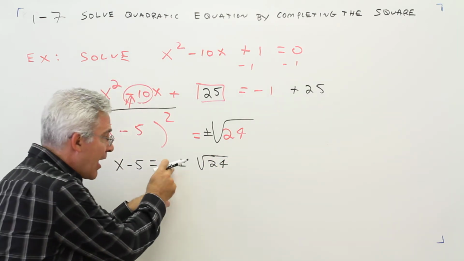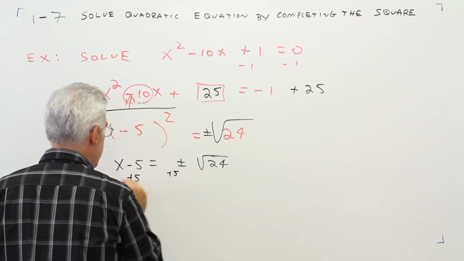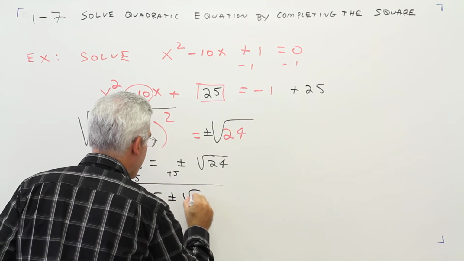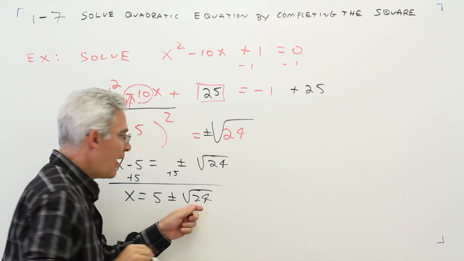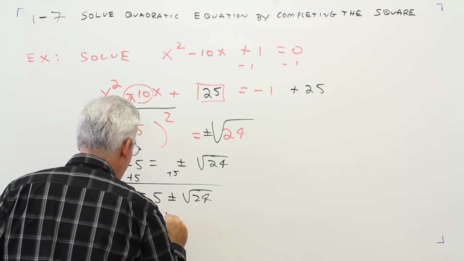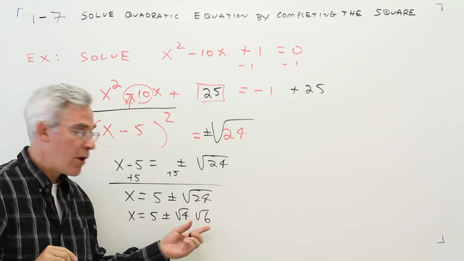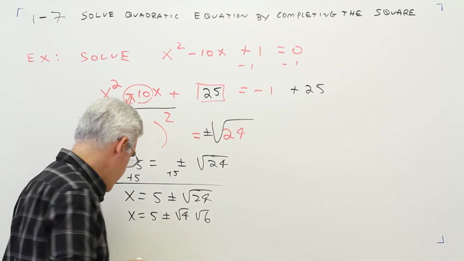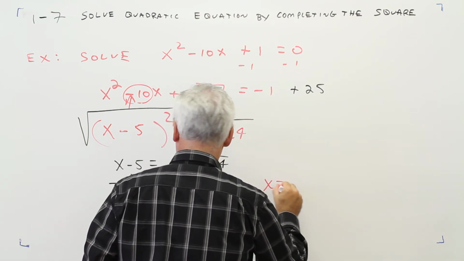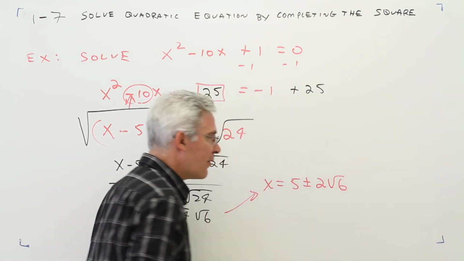Add 5 right in front. x equals 5 plus or minus the square root of 24. Again, just simplifying that, x equals 5 plus or minus rad 4, rad 6. Rad 4 I happen to know is 2. I'll write this over here. So x equals 5 plus or minus 2 rad 6.